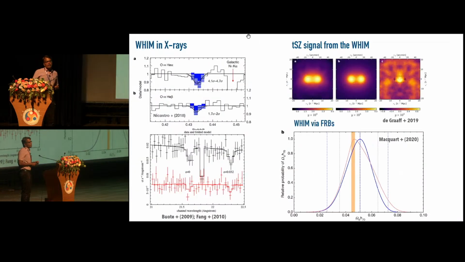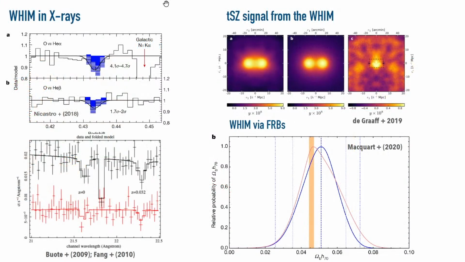Now moving on, there are complementary methods for finding this warm hot gas phase. In this one slide I have put together all the major methods that have yielded some detections. One is of course X-ray absorption spectroscopy. Here is an important landmark study by Nicastro et al, and they have put out a few papers along similar lines, where they have looked at very bright X-ray blazars as background sources to detect absorption in X-ray.